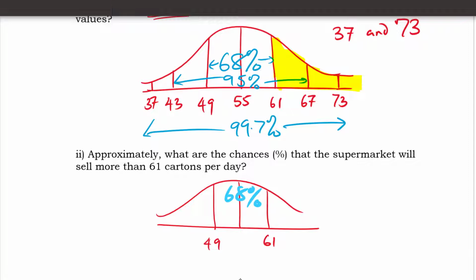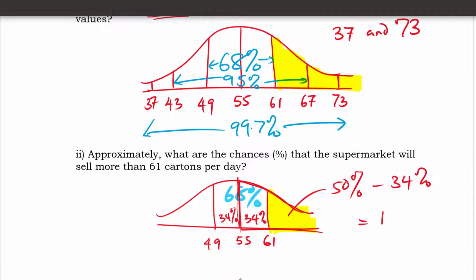Which means we will have 34% here and 34% there. But because 50% of the data will be greater than the mean, it means we have 50% in the entirety of the right part of the distribution here. And on this side here, we will have 50% minus 34%.